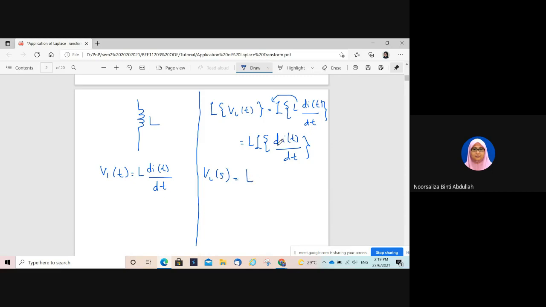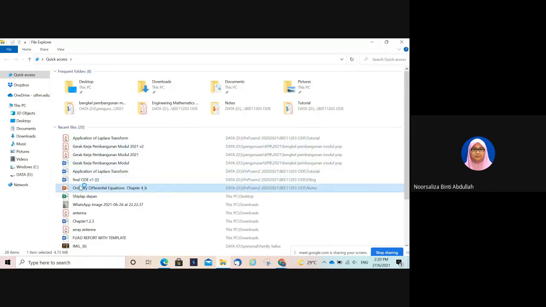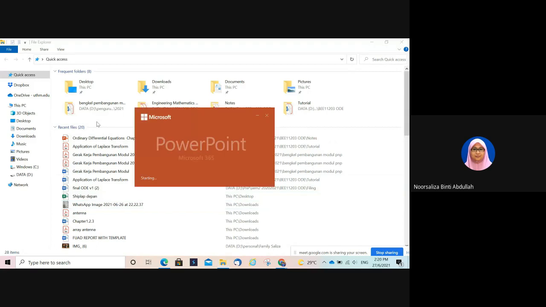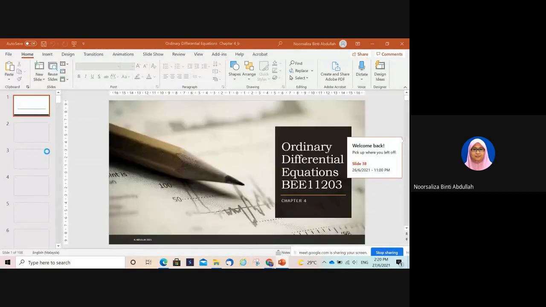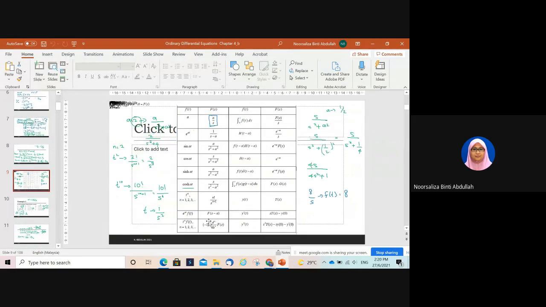If you differentiate di(t)/dt, kalau you tengok dekat table ni, y'(t) is dy/dt.